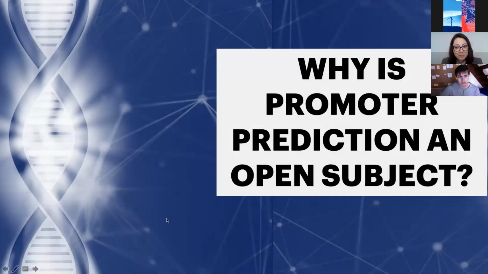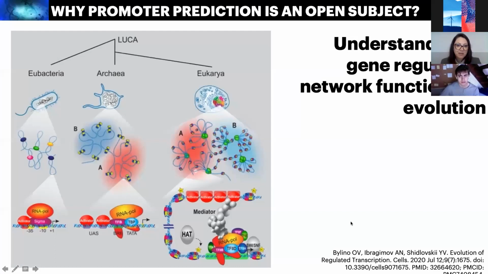So why is promoter prediction still an open objective? Because we have a lot of studies that need to understand the basic science related to the promoter sequence. First of all, we can use promoter prediction, the promoter study, to understand the evolution of the gene regulatory network.